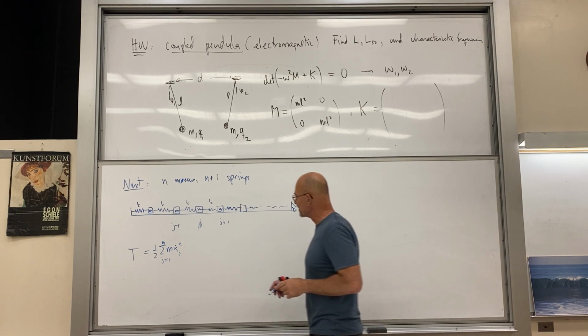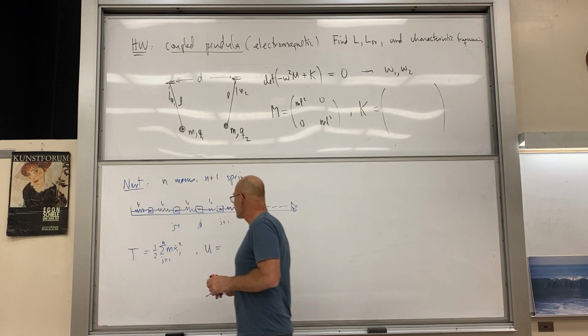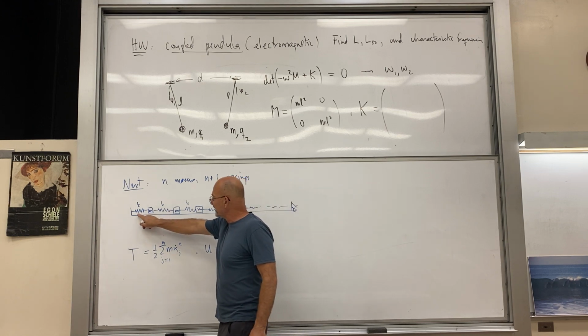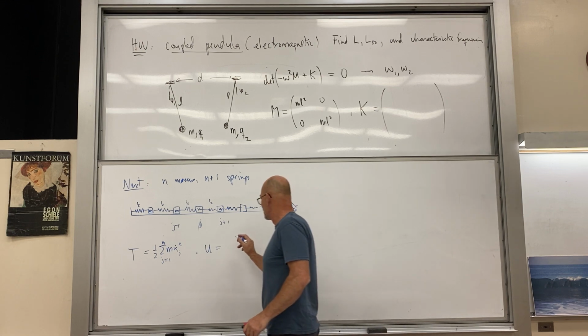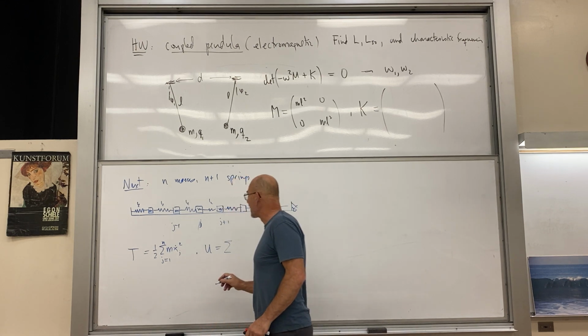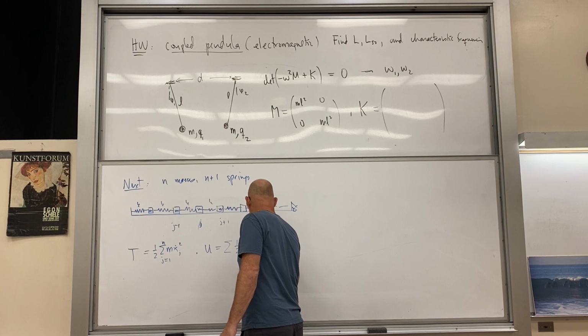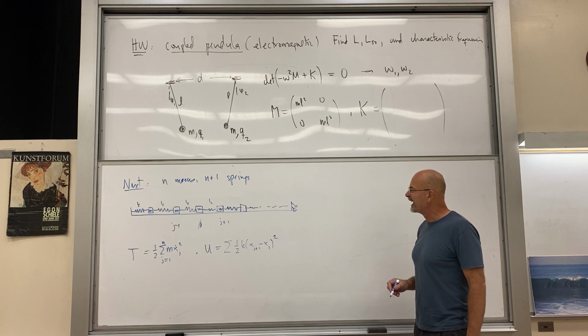What about our potential energy? Now the thing with the potential energy, if this chain is long enough, there's going to be a difference at the two endpoints, but otherwise we're just going to have generic difference terms the way we had in our other system. So we could have 1/2 k x j plus 1 minus xj squared, and ignore the n terms.